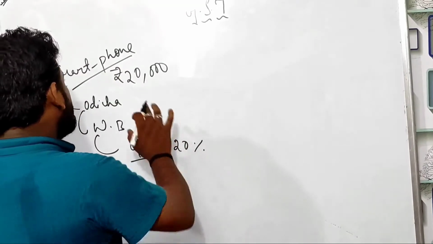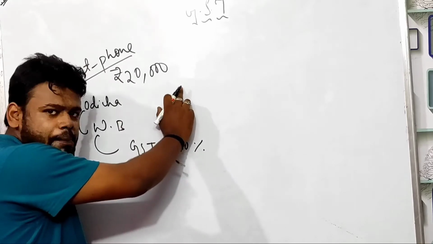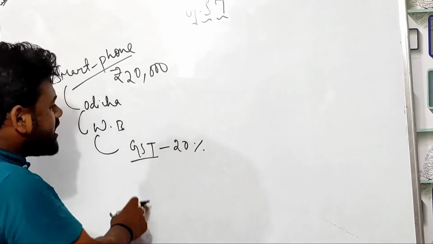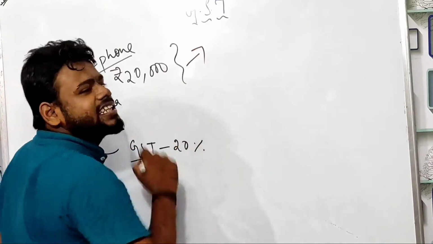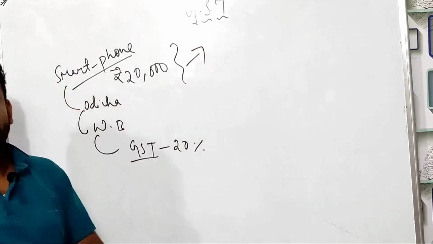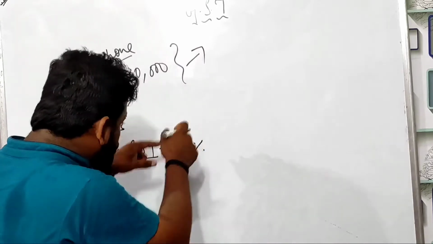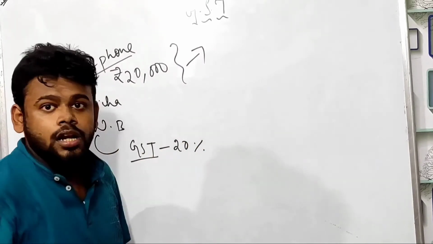See, look, children, I purchased for 20,000 and I am selling in a different state, but in that purchase I did not pay GST. I only purchased for 20,000, but I did not pay GST. I am going to pay the GST in West Bengal.